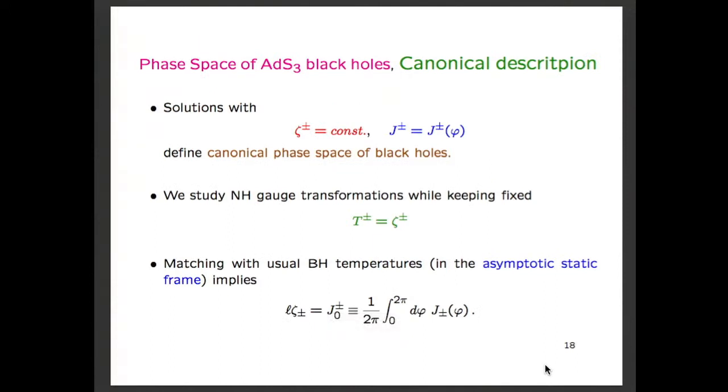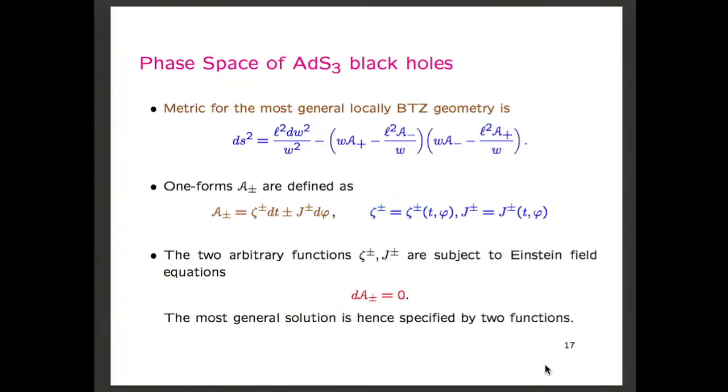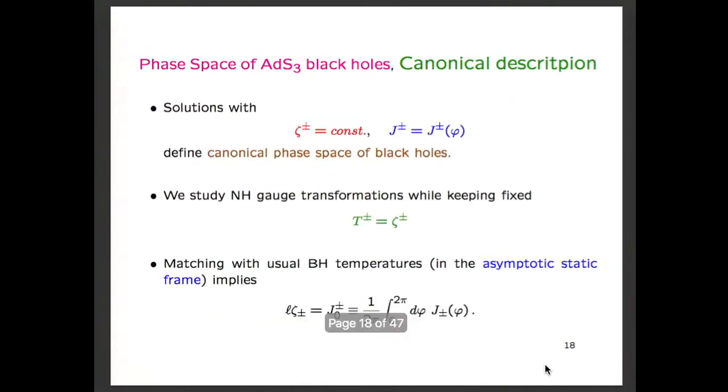Depending on the properties that I want to choose on the physically distinguishable diffeomorphisms, I can still impose some conditions on the solutions to this equation. And one relevant condition is taking zeta plus and minus to be constant, and then J plus and minus would be two periodic functions of phi. And this choice would correspond to a canonical description of this set of solutions.